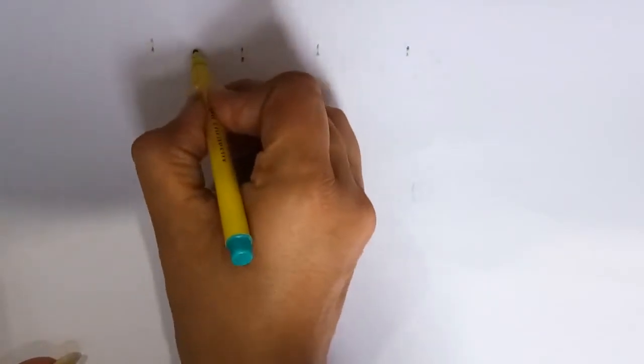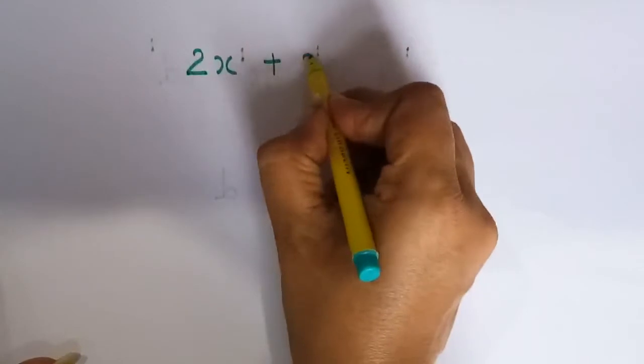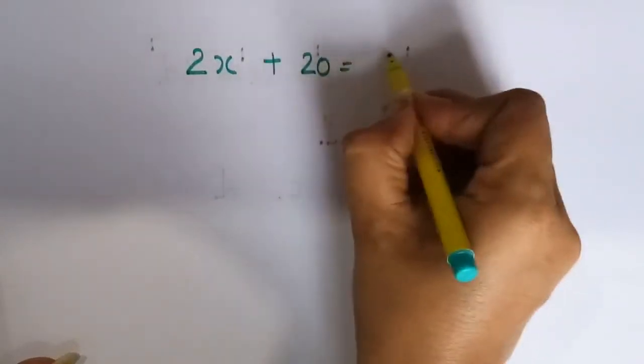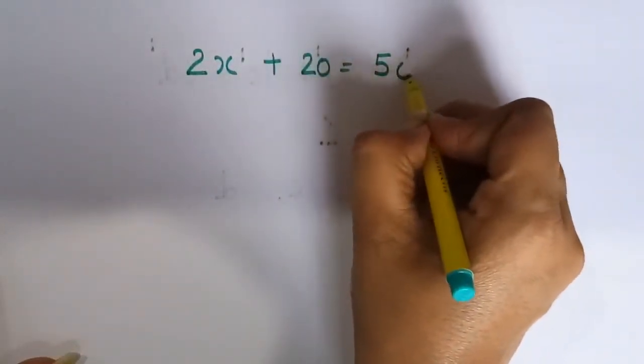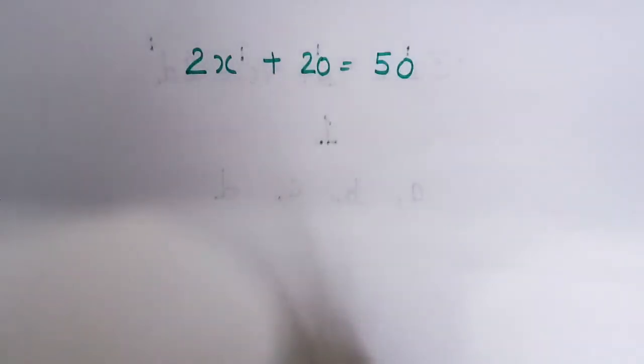Now let me teach you how we can solve linear equation in one variable. For example, let us take an equation 2x plus 20 is equal to 50. We are asked to find the value of x. So then it will be calculated as follows.